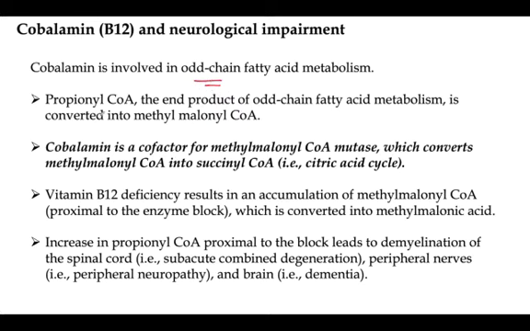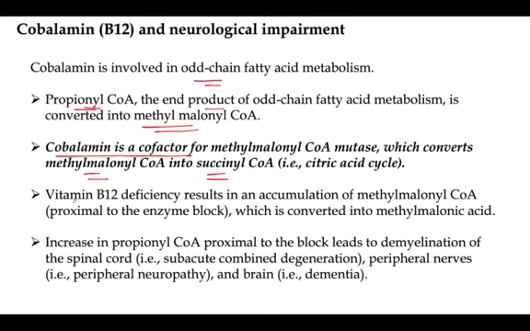In odd chain fatty acid metabolism, to just quickly revise, propionyl coenzyme A is the end product, which is converted to methylmalonyl coenzyme A. Now, cobalamin is an important cofactor for methylmalonyl coenzyme A mutase, which converts methylmalonyl coenzyme A into succinyl coenzyme A. Therefore, odd chain fatty acid metabolites can go into the citric acid cycle for the generation of ATP.